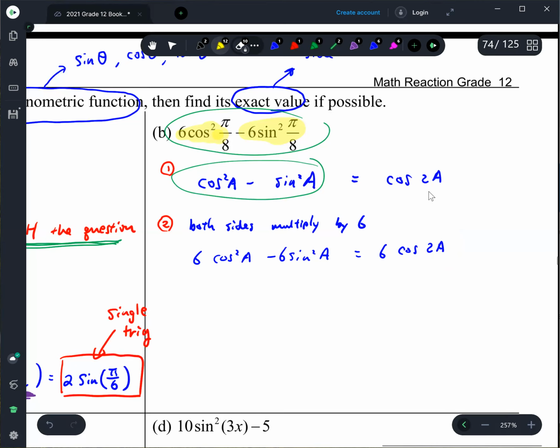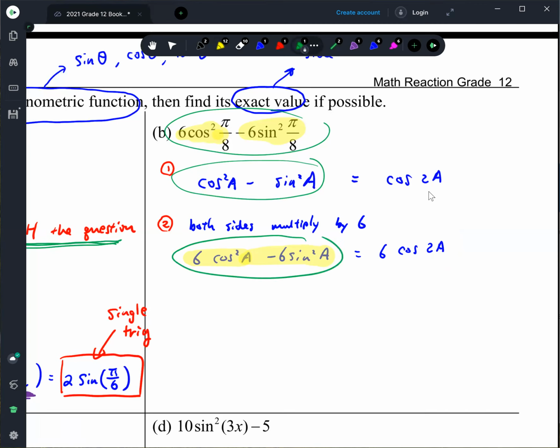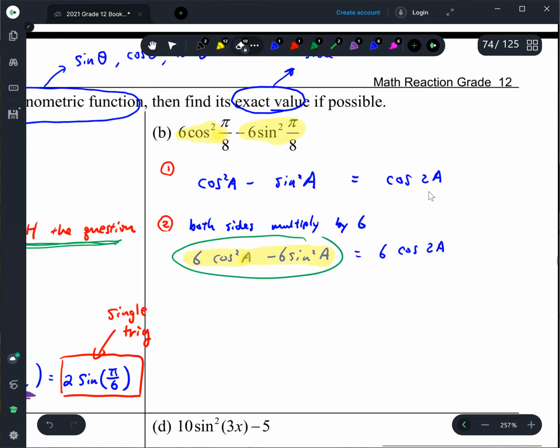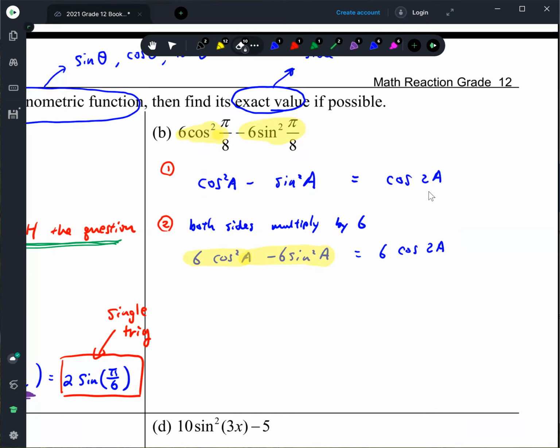Okay, so now the yellow part matches the yellow part. Look at all the yellow. I think it's too messy, too many circles. Just erase the circles. So yellow matches the yellow. We can move on to step 3.